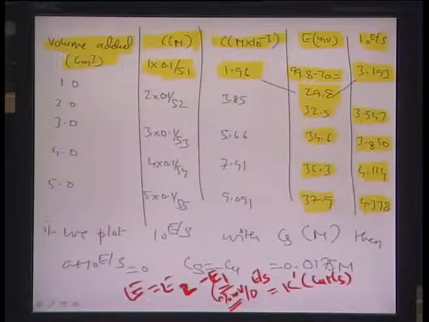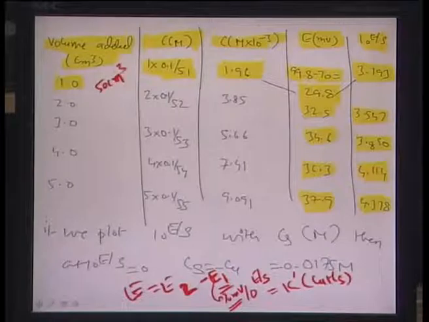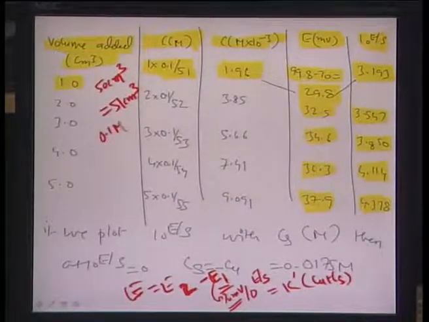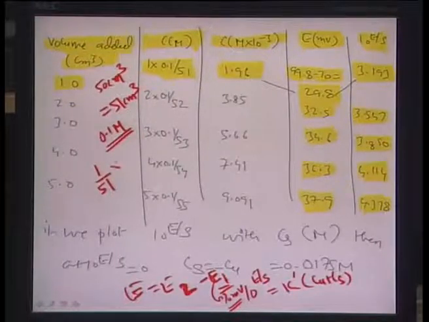If you add 1 centimeter cube of solution to 50 centimeter cube of the parent solution, the total volume would be 51 centimeter cube, and you are adding 0.1 molar solution, which means that you essentially add 1 by 51 times a fraction of volume of 0.1 molar.